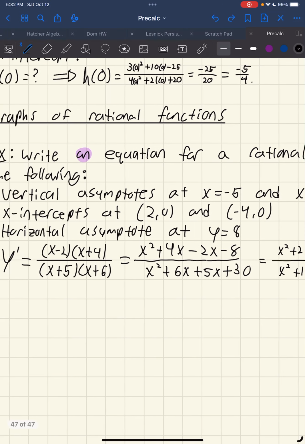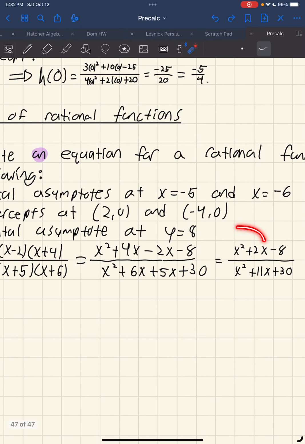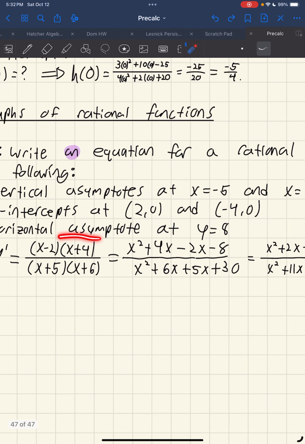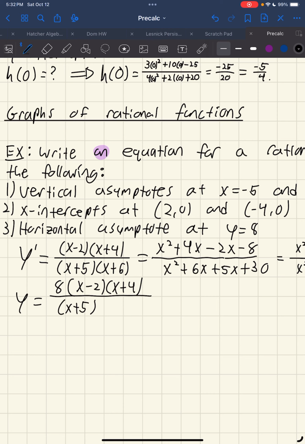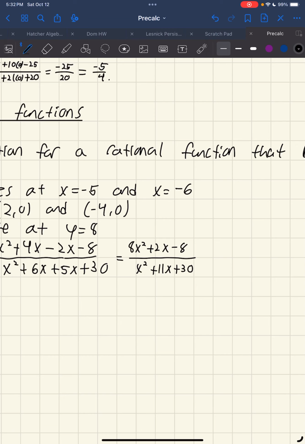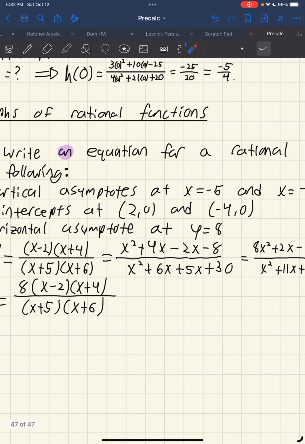So if I were to now go backwards to here, let's just look here. Because if I were to do this, what I'm claiming is this is the solution. I just want to slap an 8 on the front. If I were to slap an 8 out here, this top part no longer will factor exactly into these two, which means the x-intercepts will not be 2 and -4 anymore.